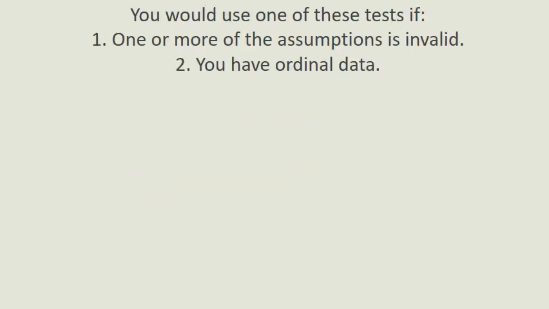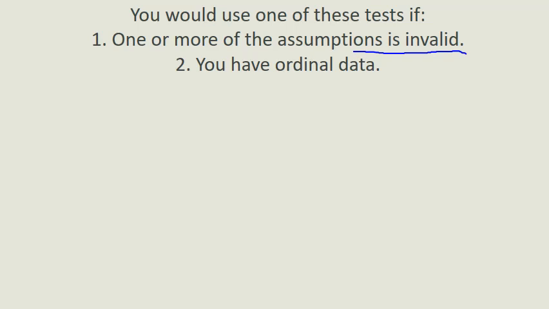Next, I want to quickly explain why and when they are useful. There are two situations when these types of tests are needed. First, as I already mentioned, these methods don't rely on assumptions. So we can use these tests when our data violates the assumptions of the test that we want to do in the first place.